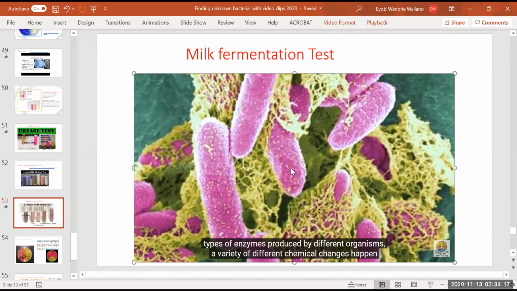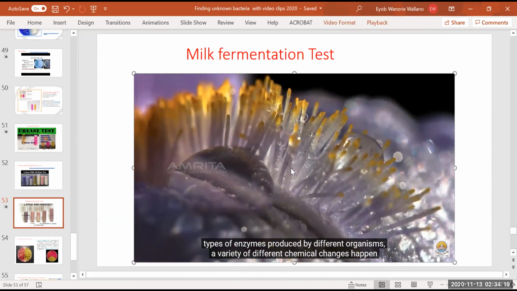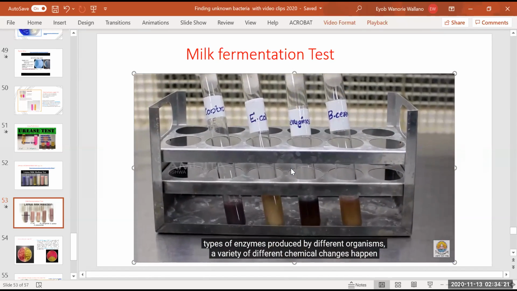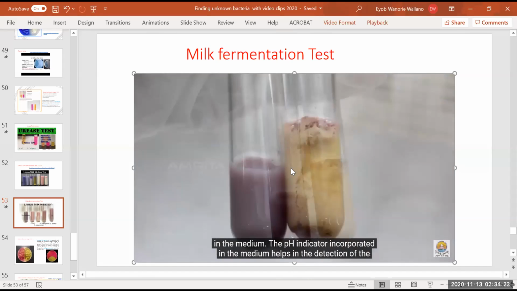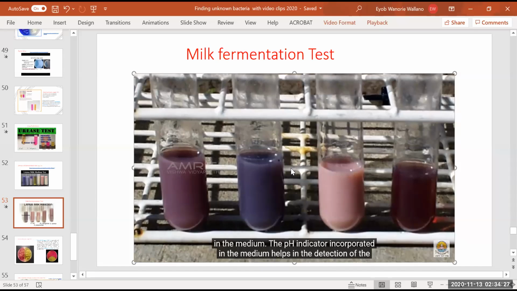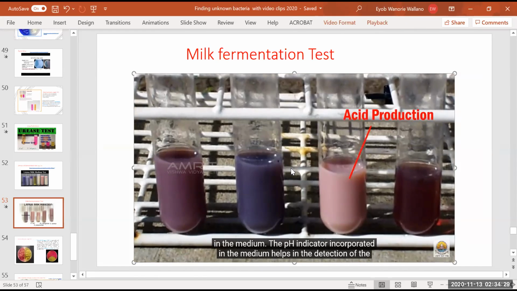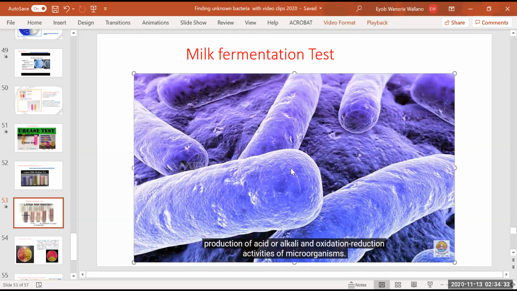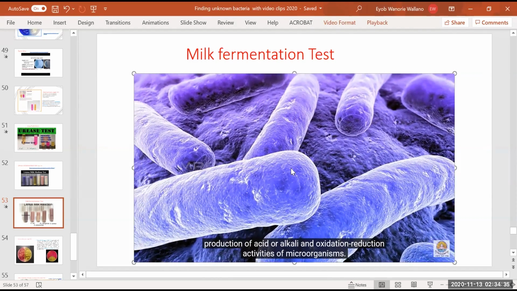Depending on the types of enzymes produced by different organisms, a variety of different chemical changes happen in the medium. The pH indicator incorporated in the medium helps in the detection of the production of acid or alkali and oxidation-reduction activities of microorganisms.